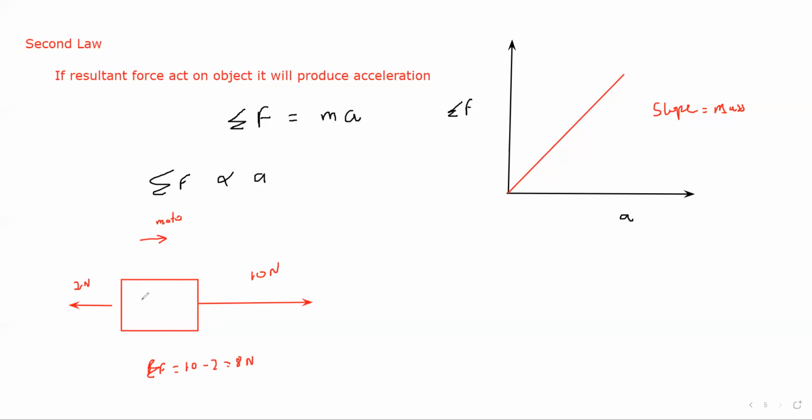And if we need the acceleration, what do we substitute? Resultant force is equal to mass multiplied by acceleration. Resultant force is 8, the mass is 5, acceleration we don't know. So acceleration will be 8 divided by 5, which is equal to 1.6 meters per second squared.